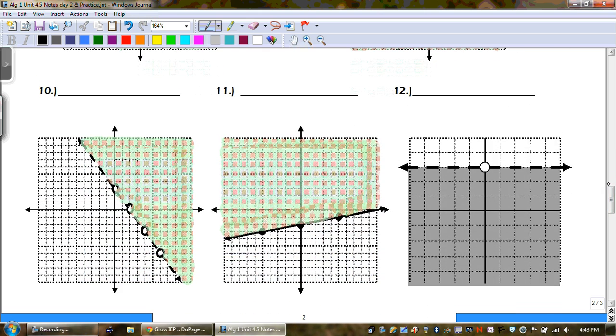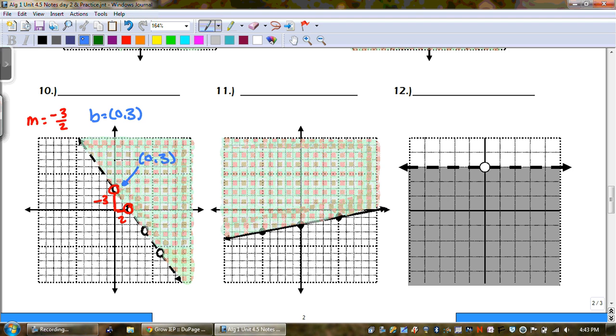Okay? I'll do one more of these with you, and then you guys get to do 11 and 12 on your own. So remember, you need to know the slope from one point to another. You go down 3, right 2. So our slope is -3/2. You need to know the y-intercept. It's that point right there. It's 0, 3.